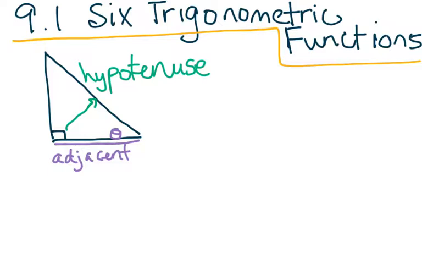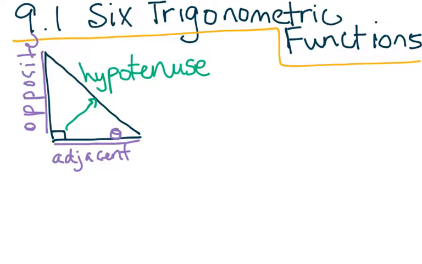We're going to call the other leg that is not connected, in other words, completely away from theta, the opposite side. If the angle were in the top, the legs would be switched.